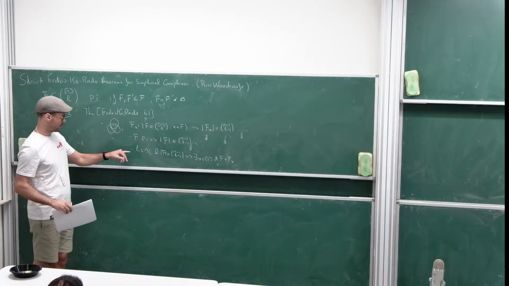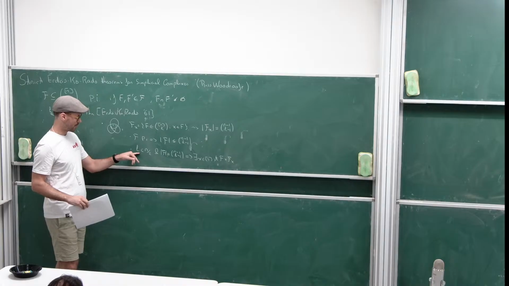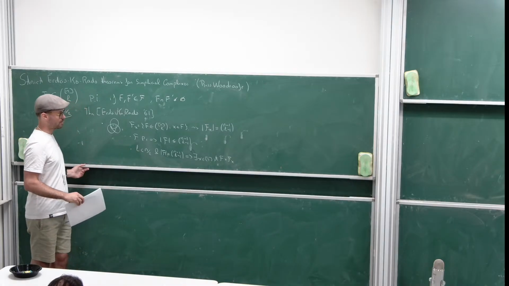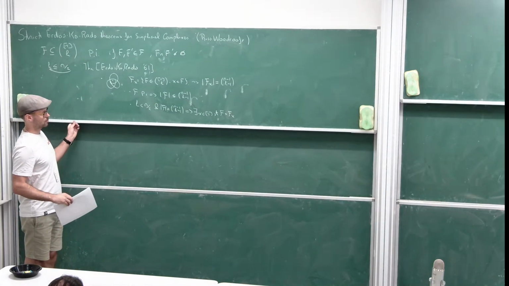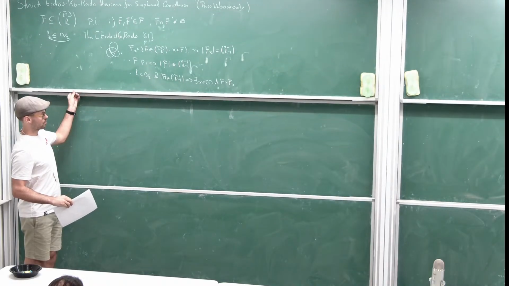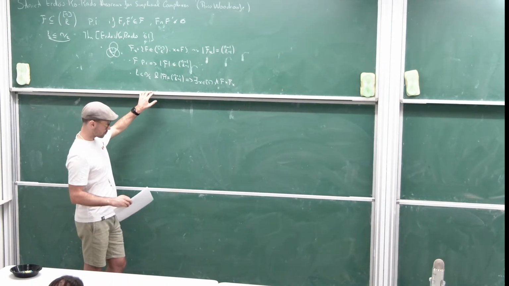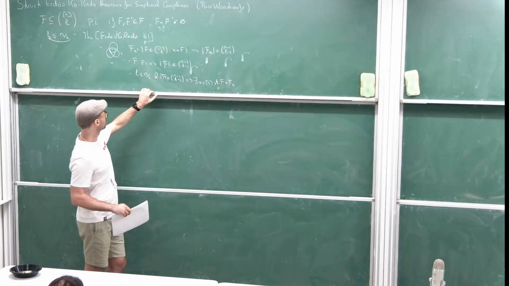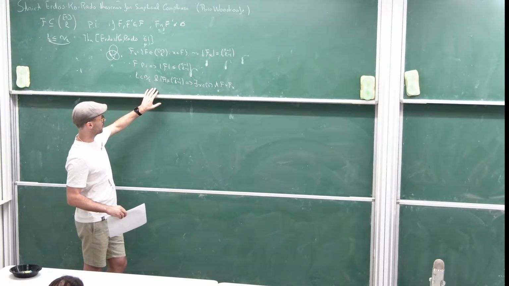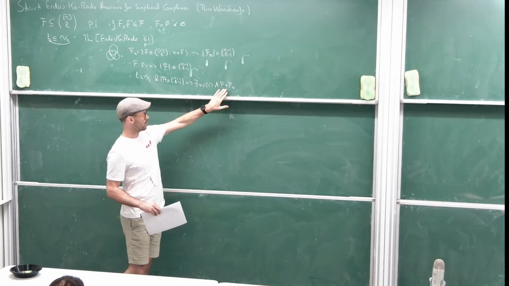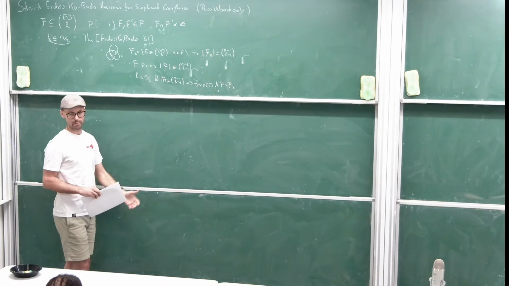So we have a characterization of maximal families and an upper bound, and the natural next question is: if my family is not the extremal family, what is the next best upper bound?